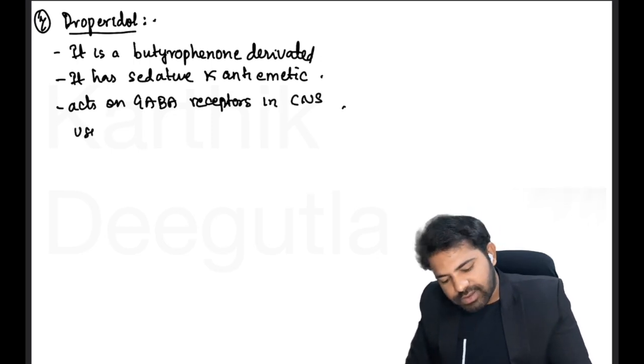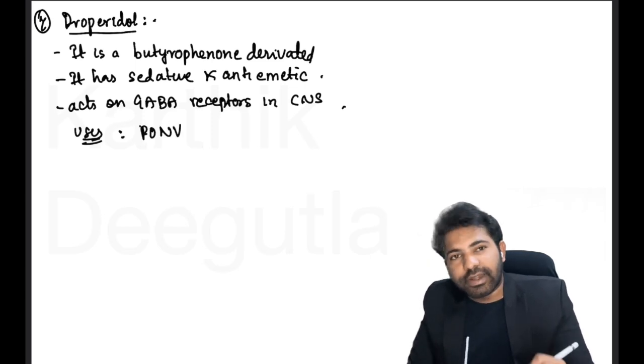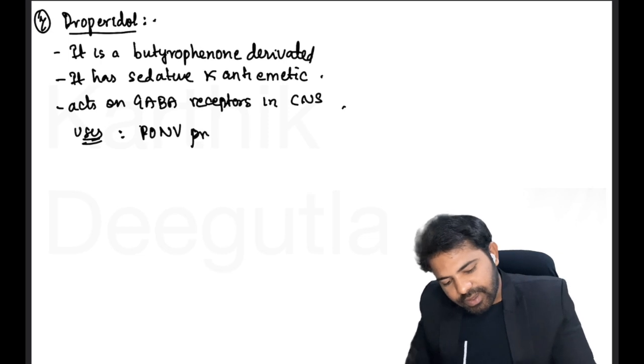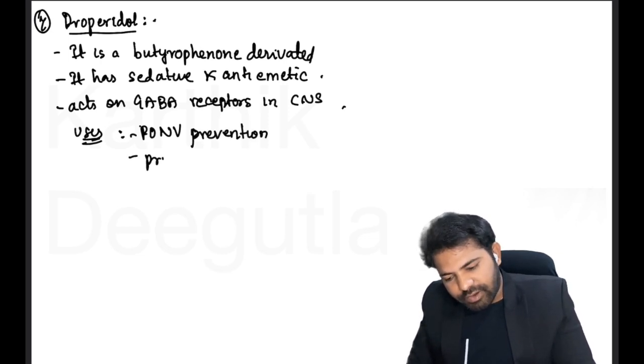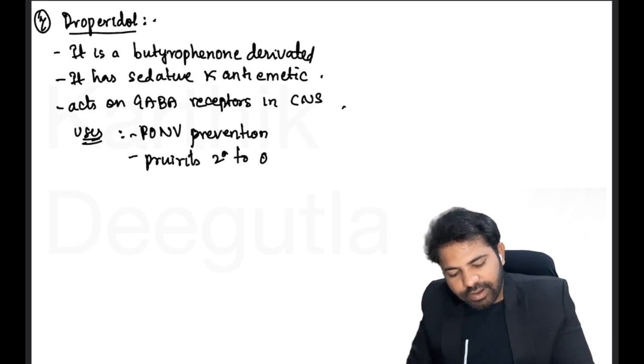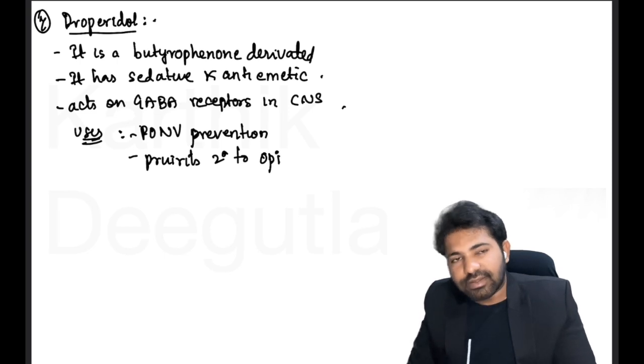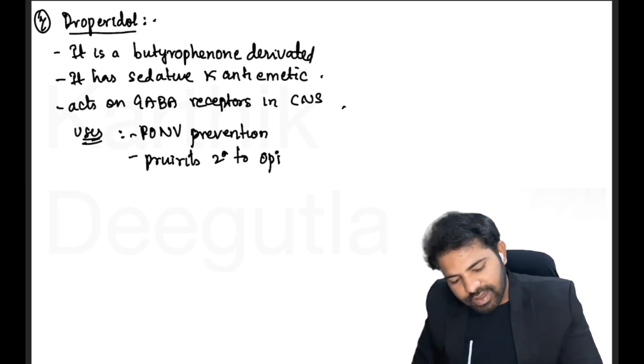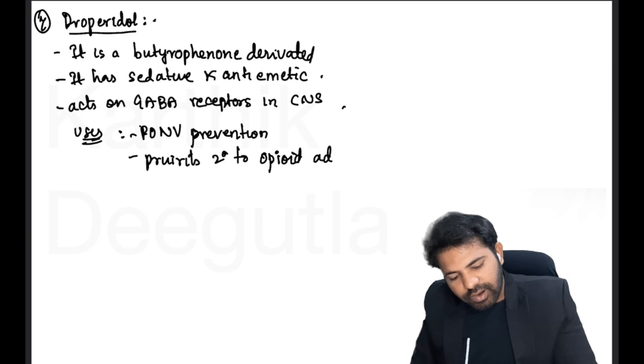What are its uses? It has an antiemetic action, so post-operative nausea and vomiting (PONV) prevention. It can be used for pruritus secondary to opioid administration, which occurs as a side effect of opioids.